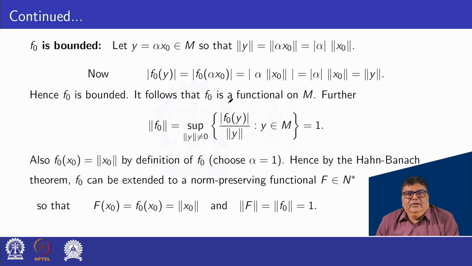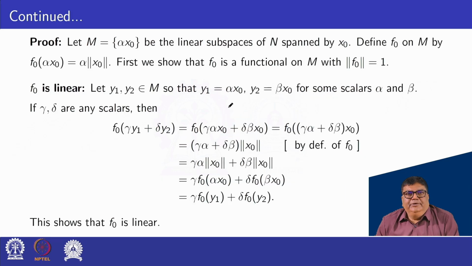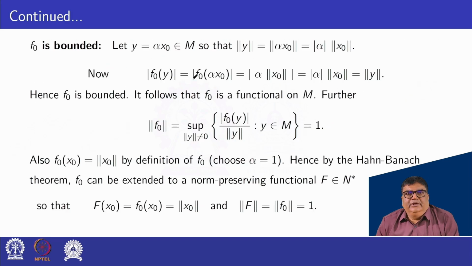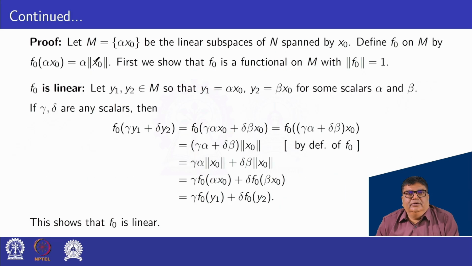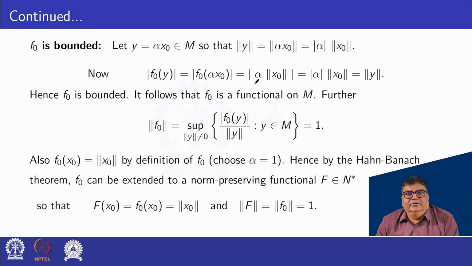Putting the value of f0 of alpha x0 as alpha into norm x0, we can write this as mod of alpha into norm x0.